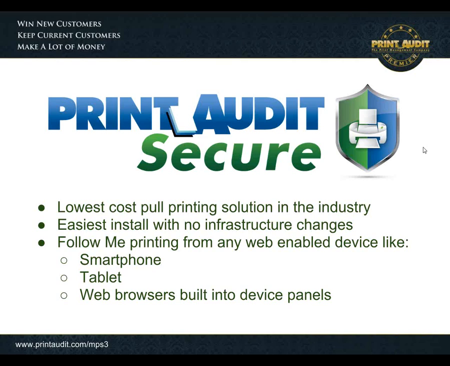For all of our FM dealers, we're offering a free, not-for-resale version of Secure for your demo rooms. We strongly suggest that you try it and put it in the demo rooms, because when you show your customers releasing a print job from your tablet or your smartphone, they just go nuts for it. It's really quite popular.